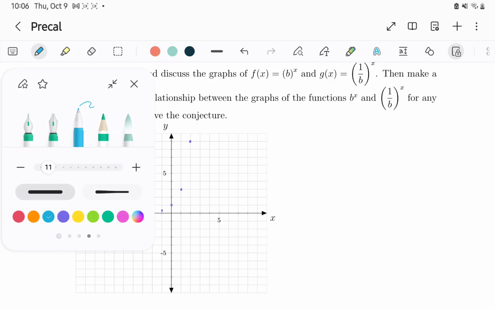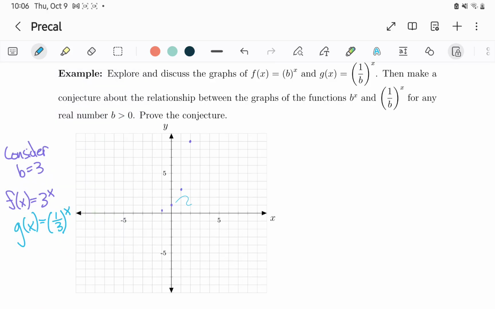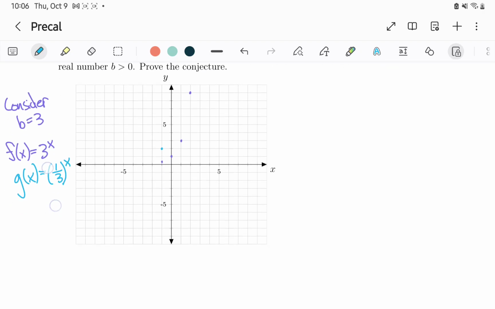Okay, and then for the graph of g, we already have its y-intercept, and then when x is -1, g of -1 is going to equal 1/3 to the -1, which is the same as 3. So it's going to pass through the point -1, 3.